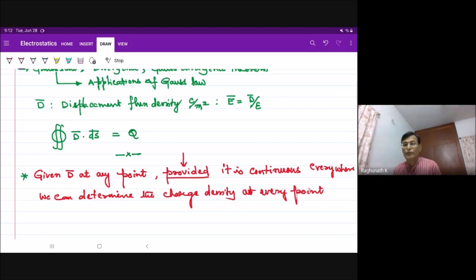Listen carefully. There are cases where the flux density or electric field intensity, both being the same, are discontinuous. Please check it.